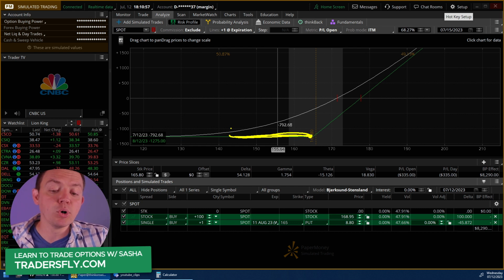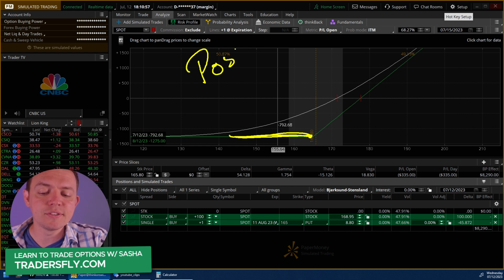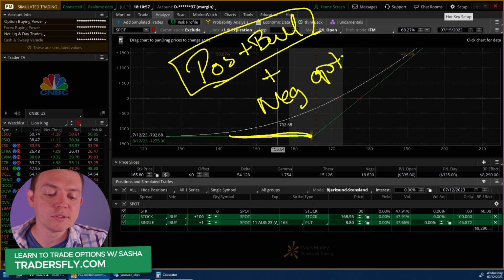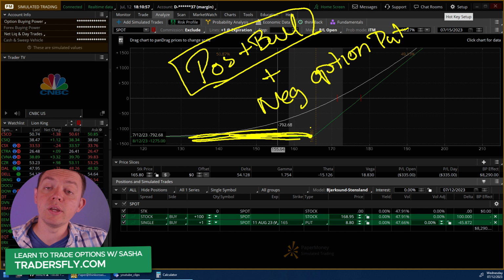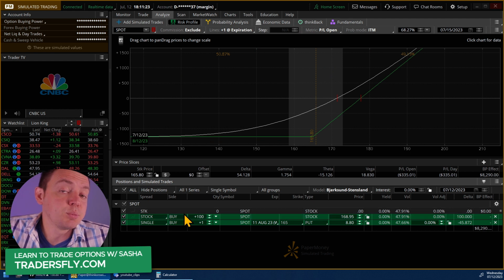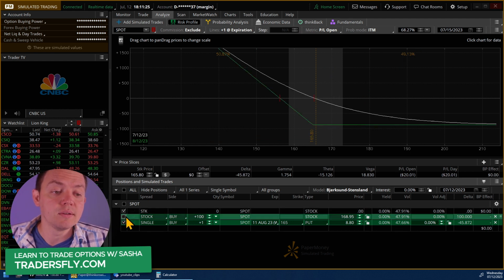So what you've got is a bullish or positive position on the stock. And then what you also have is a negative position on the option with the put. And that way it flatlines your losses at a certain level. And that's the way calls versus puts kind of work, in terms of, hey, for a put, you want prices to go down.